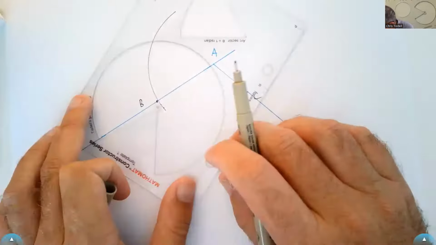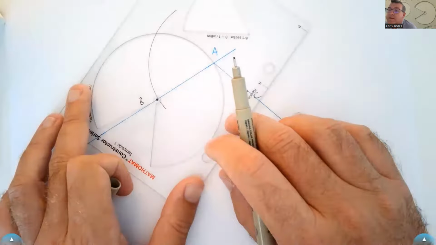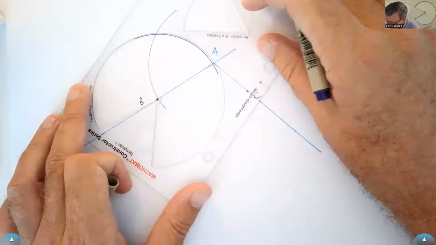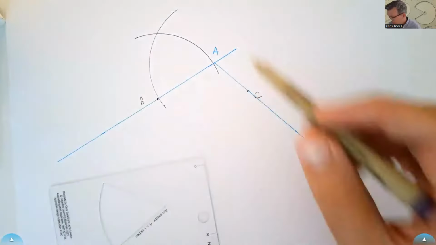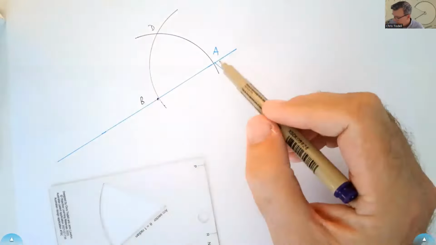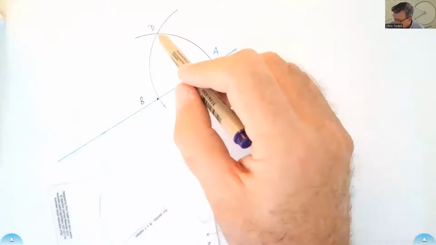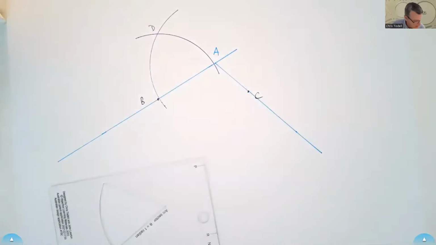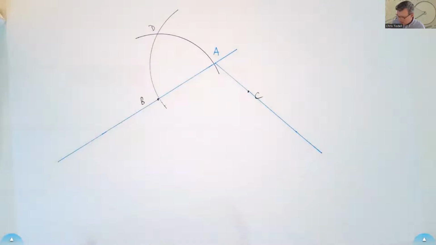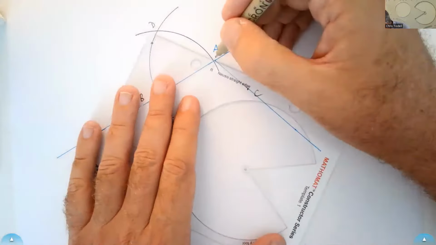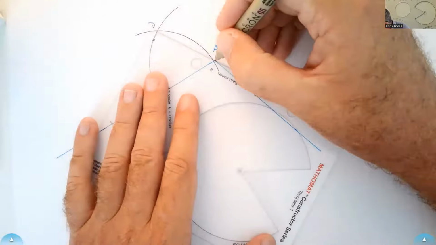Then I'm going to put it on B and draw another arc. Let's call this new point D. And I'm going to draw a segment from A to D and from B to D. I can do that because my straight edge is going to be long enough. It's going to be a radius, so it's going to actually be exact.